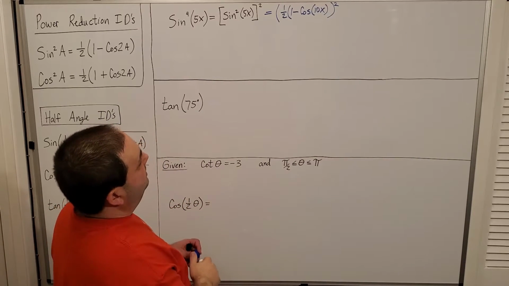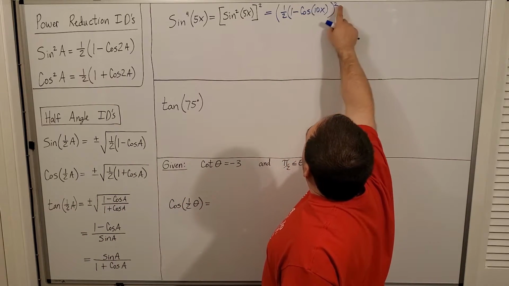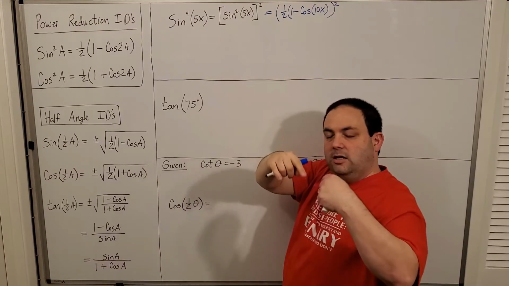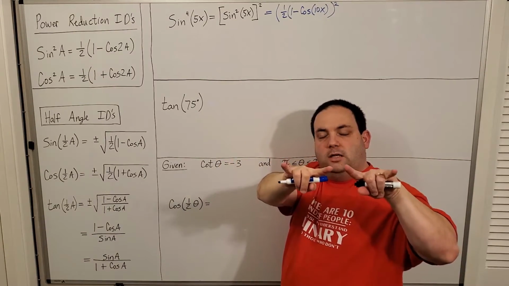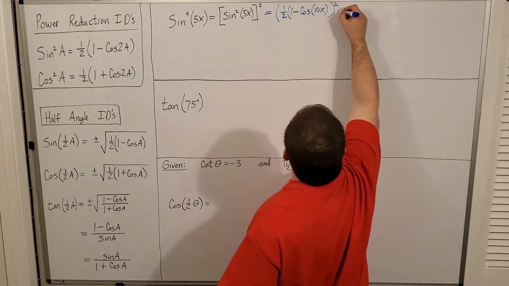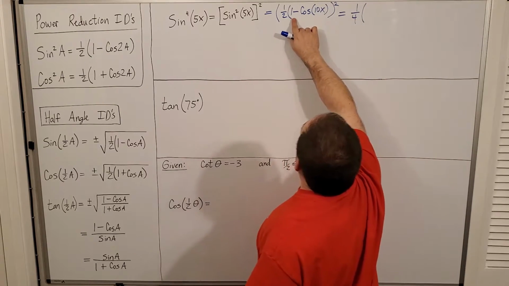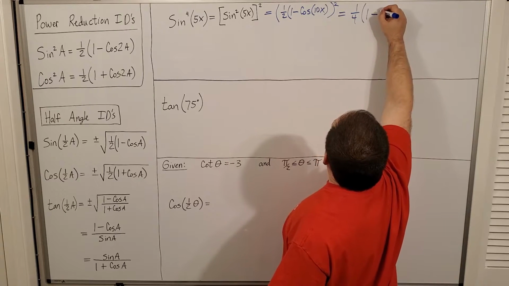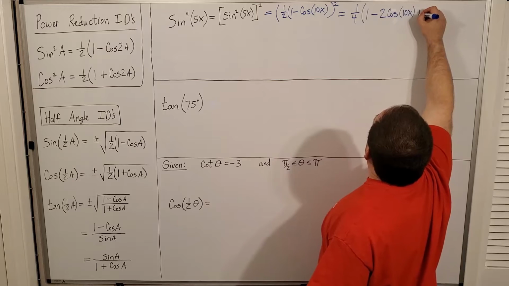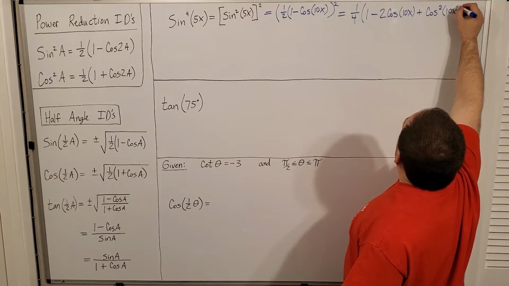To facilitate that, I'll be squaring the 1/2, and then I'll be foiling this binomial, because this is 1 minus the cosine of 10x times 1 minus the cosine of 10x. I'm just going to foil it out. So this is going to be equal to 1/4 times 1 minus 2 cosine of 10x plus cosine squared of 10x.